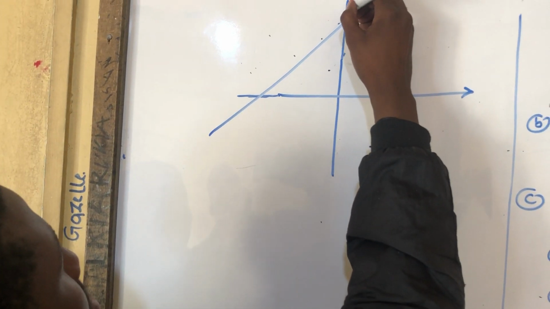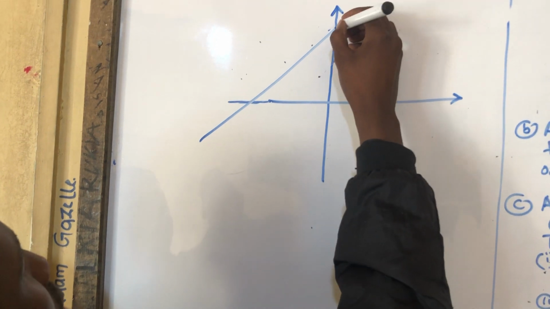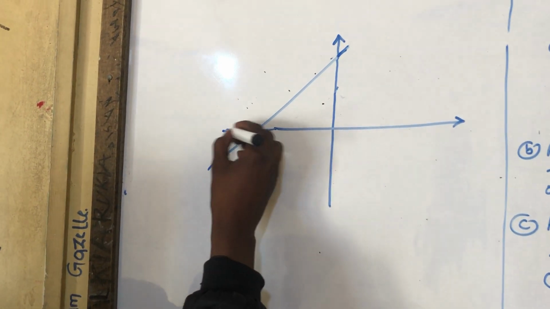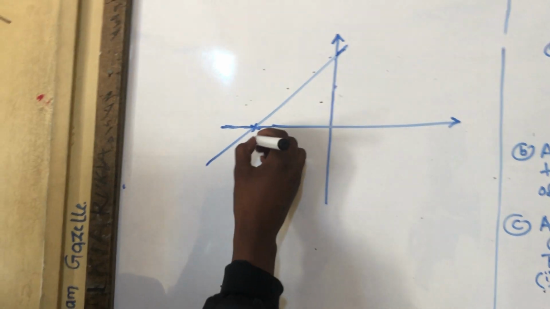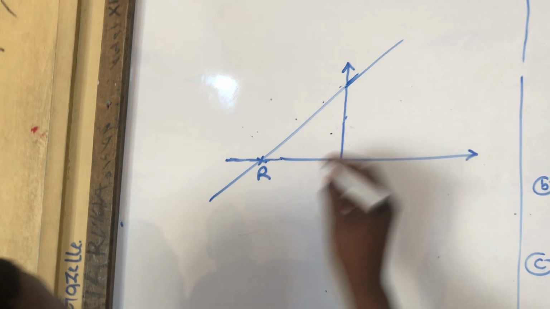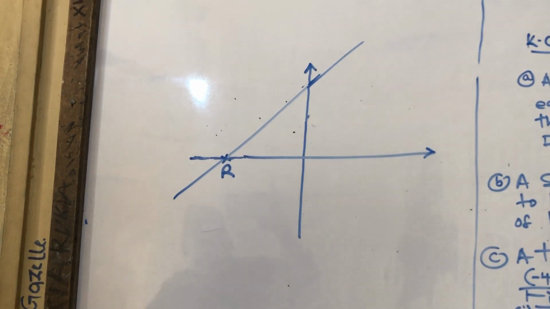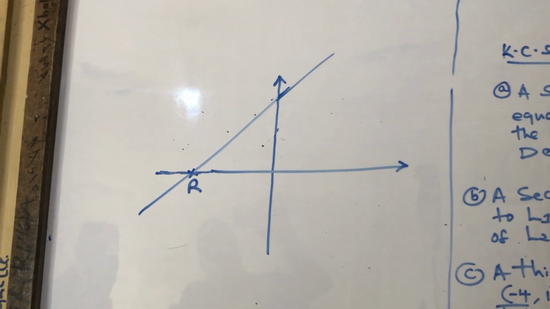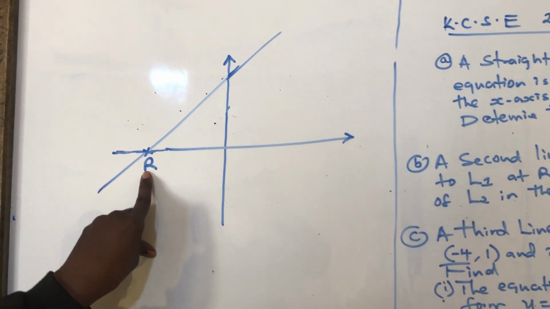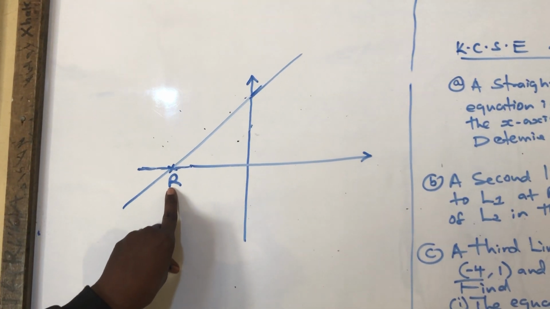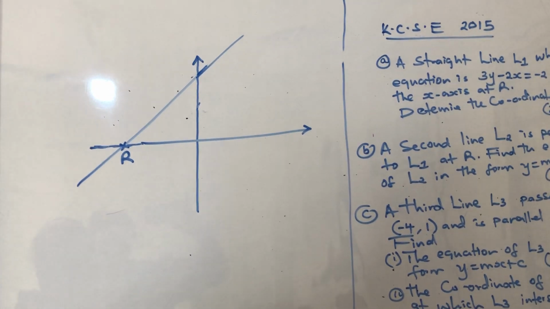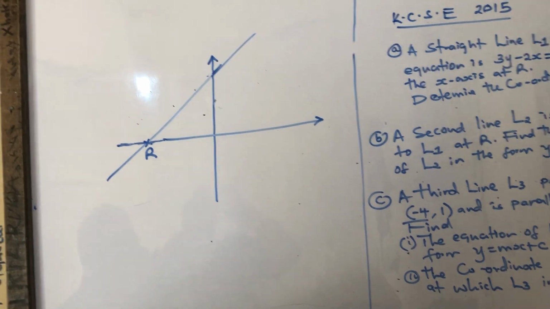So let's have this as our line. We are being notified that R is not just any point, it is the point where this line is meeting the x-axis. So the question you should be asking yourself is this: what is R? R is what we would call the x-intercept. But did the question use that language?